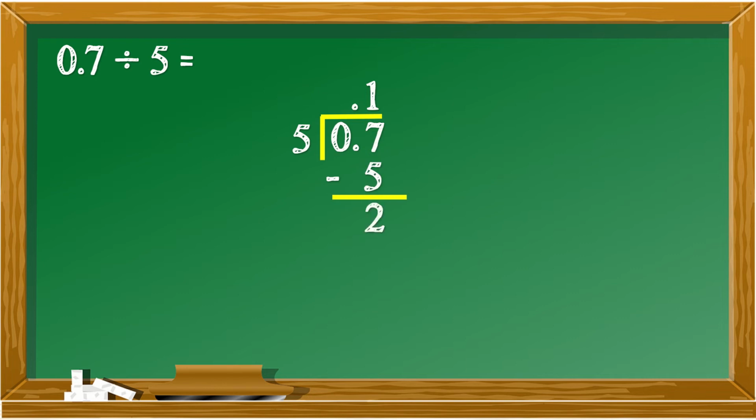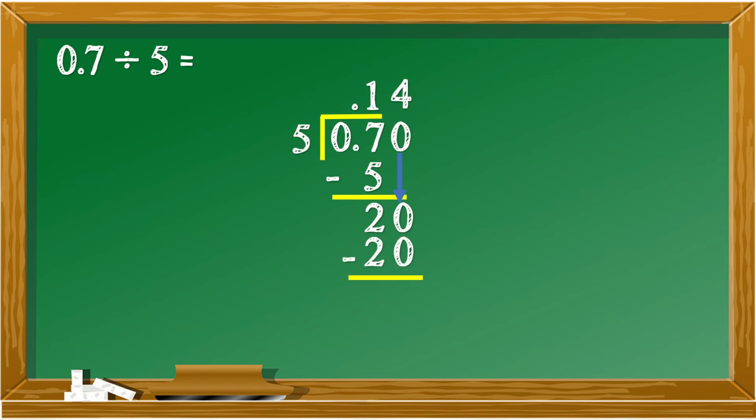Okay. We still have number 2. We cannot put this as a remainder. So we will need to add another digit, which is 0, and bring it down. 20 divided by 5 is 4. 4 times 5 is 20.